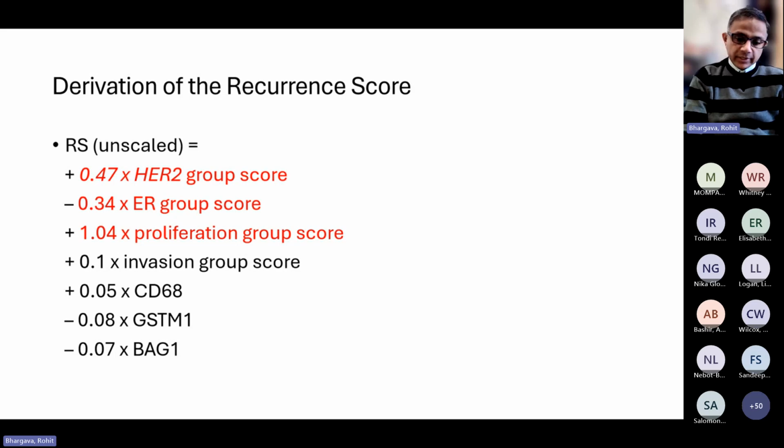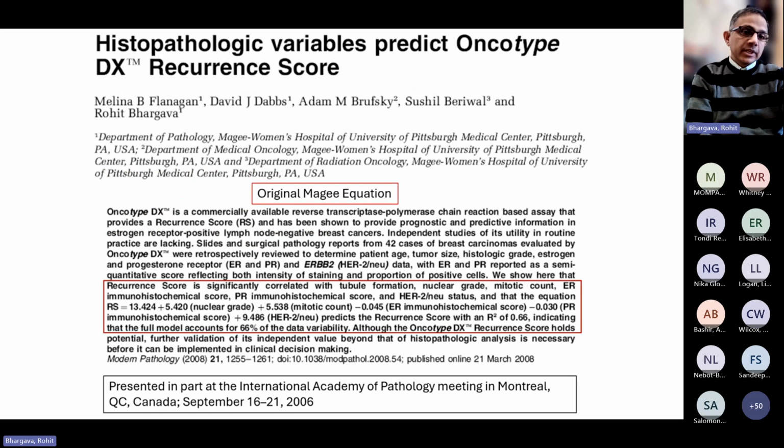And we have always thought that the routine histopathologic examination, including the receptor status, should be able to predict Oncotype DX recurrence score. So this was the very first time back in 2006. These findings were presented and published in 2008.